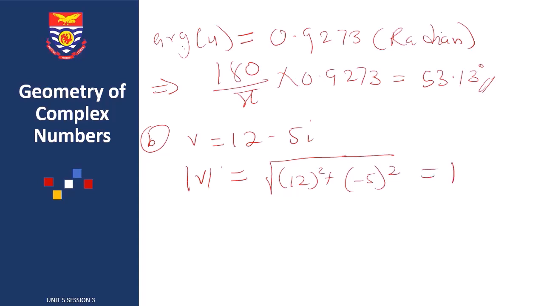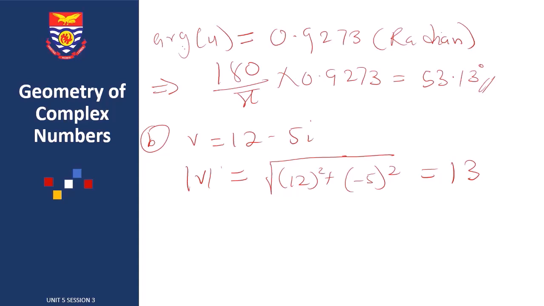You get 13. And then you can see that a is greater than 0 and b is less than 0. b is negative, a is positive. Therefore v lies in the 4th quadrant.